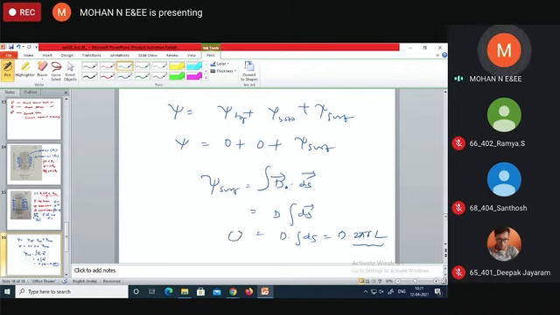This is equal to the charge enclosed by the Gaussian surface.